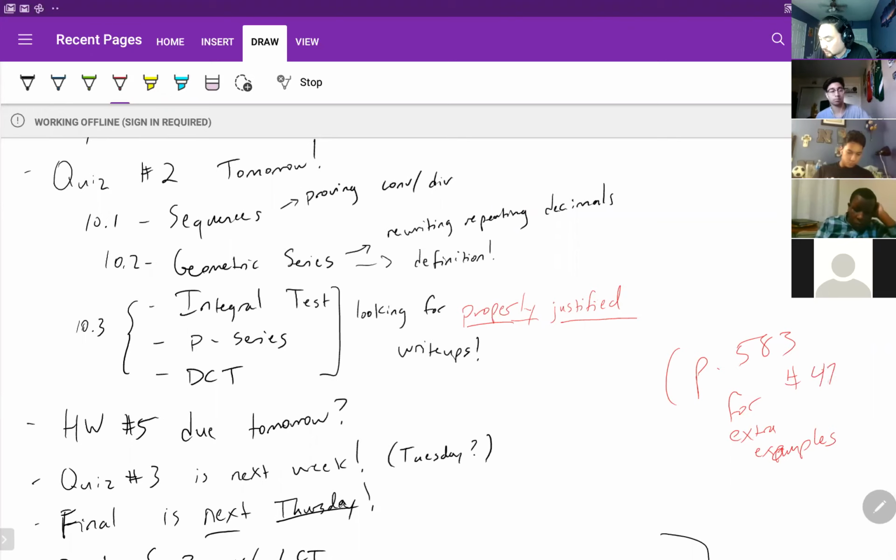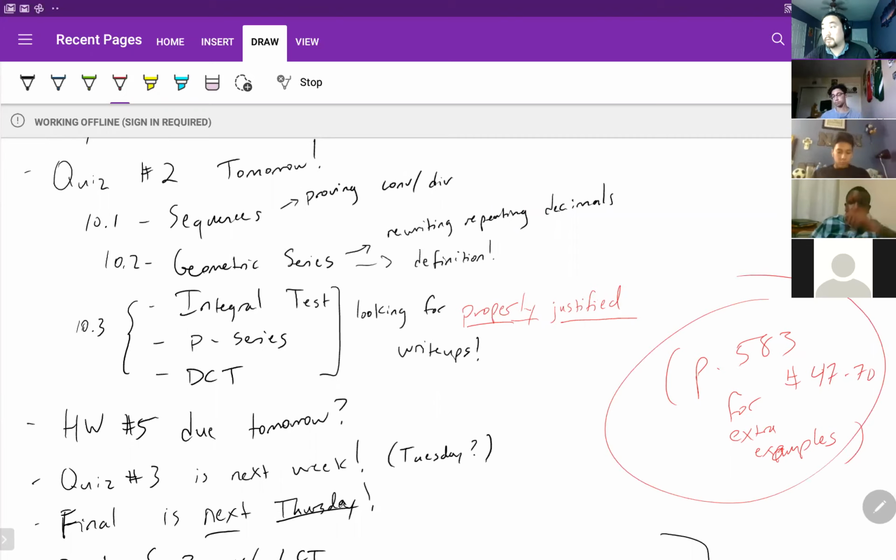I'm not telling you to do all of them, but definitely look at one and think about how you would do this problem. Which tests that we've done so far would I use? Do I need to use LCT on it? Things like that.